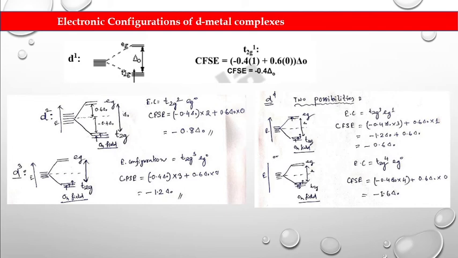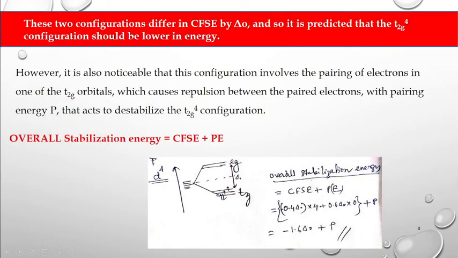One will be t2g3 eg1, which will be minus 0.6 delta naught, and for t2g4 eg0 it will be minus 1.6 delta naught. Now the overall stabilization energy will be CFSE plus pairing energy. In this configuration it will be minus 1.6 delta naught, and one pairing is there, so we should write plus P.